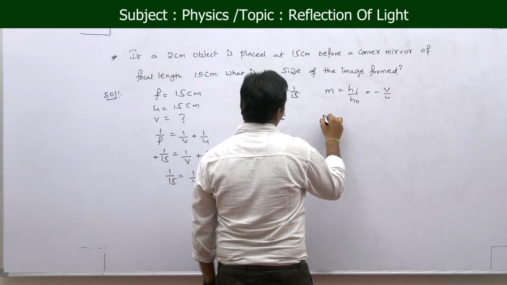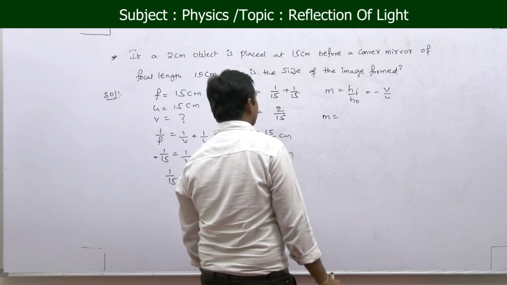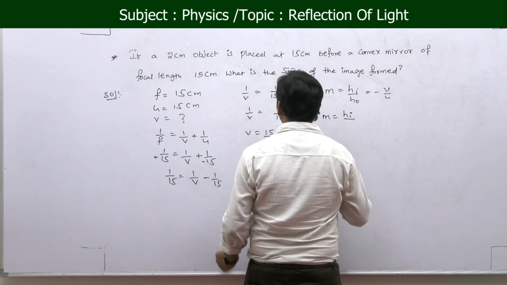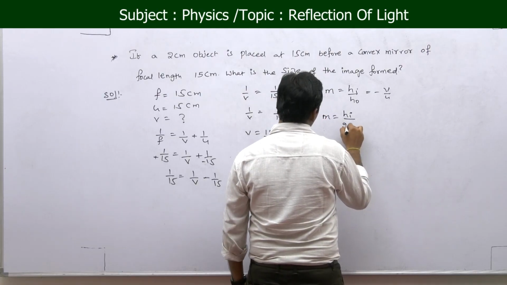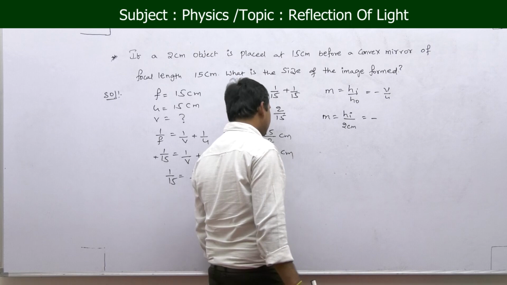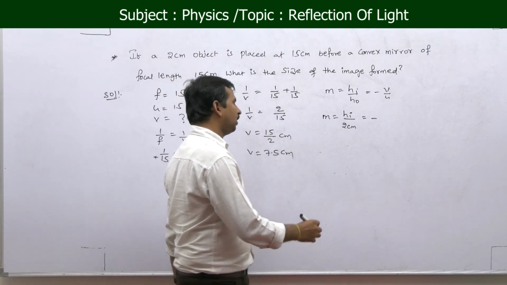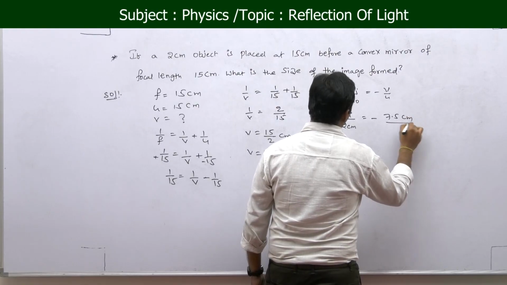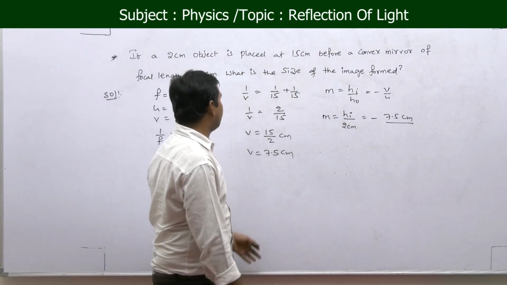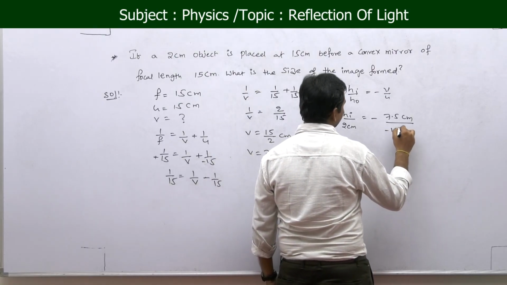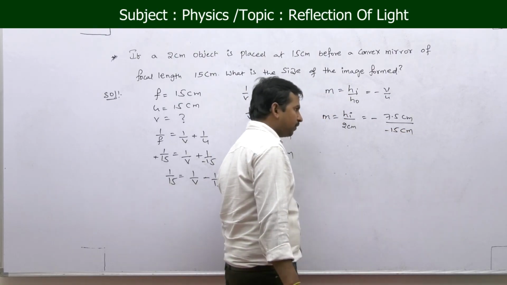Then m is equal to height of the image, which we don't know and have to find, by height of object, which is already given as 2 centimeters, is equal to minus of image distance we got, 7.5 centimeters, by object distance, which is given as 15 centimeters. If you apply sign convention, it becomes minus 15.